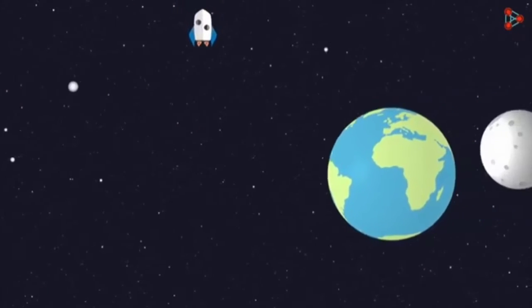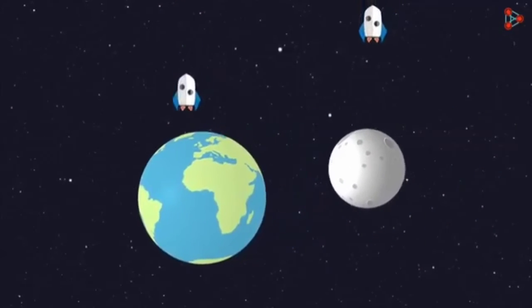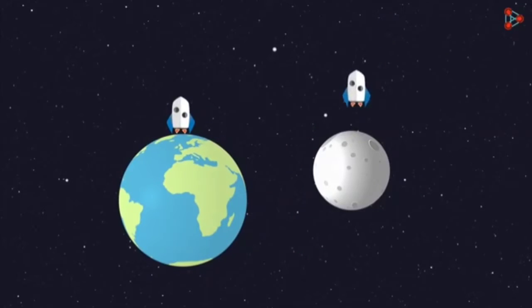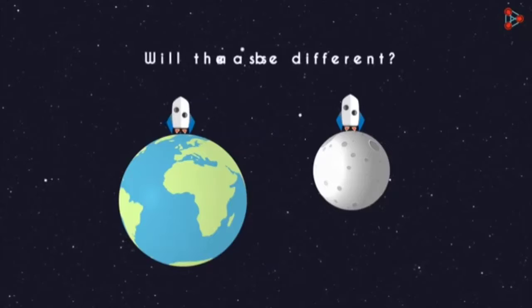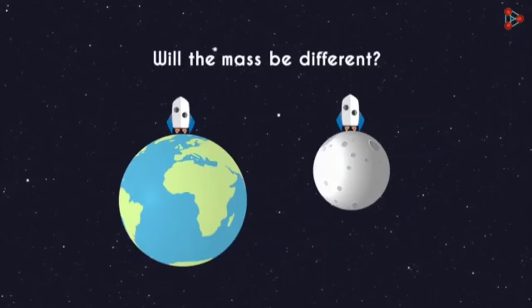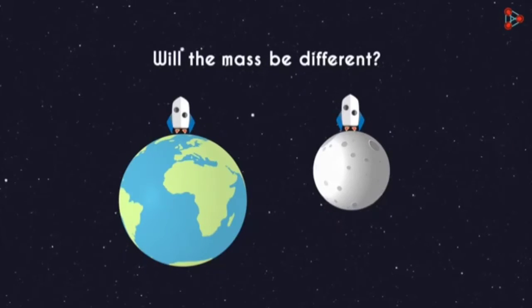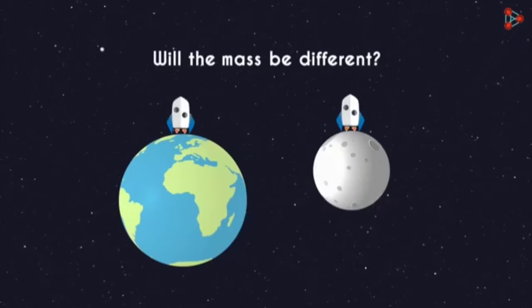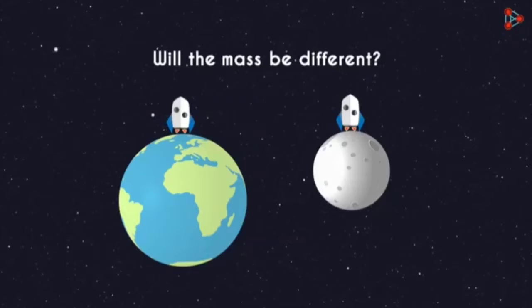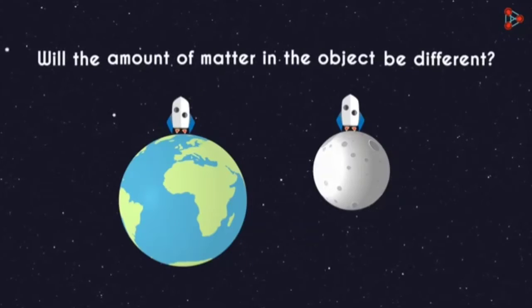Now consider two situations, one in which the object is on the earth and the second in which the same object is on the moon. Will the mass of the object be different in these cases? To answer this question, we ask ourselves another simple question. Will the amount of matter present in the object be different?